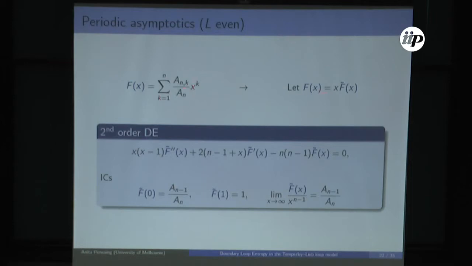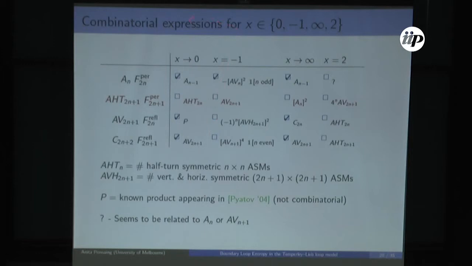So a nice thing to do is just to divide by one of the x's. And if you do that, then this f tilde, this new function, satisfies a second order differential equation. And its initial conditions are given by these things here. So we have initial conditions at 0, 1 as well, and infinity.